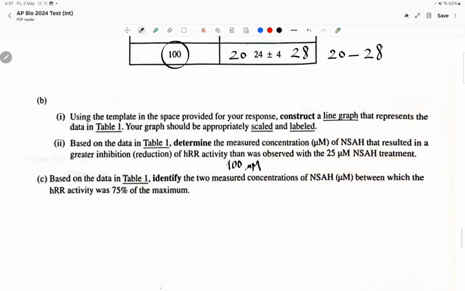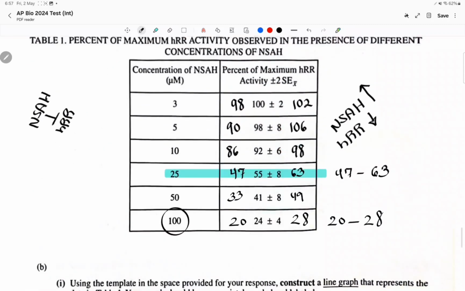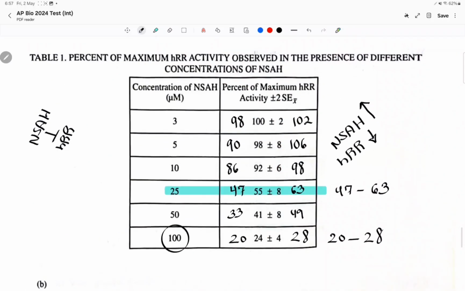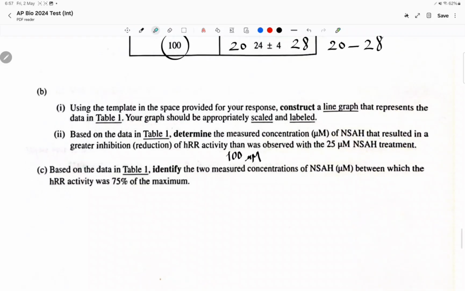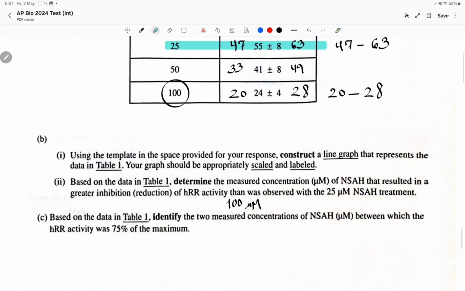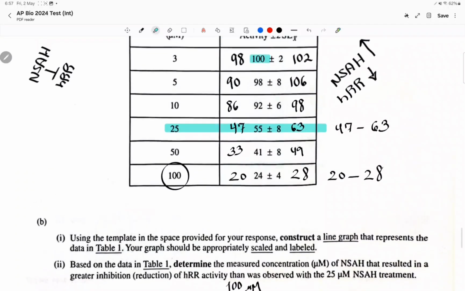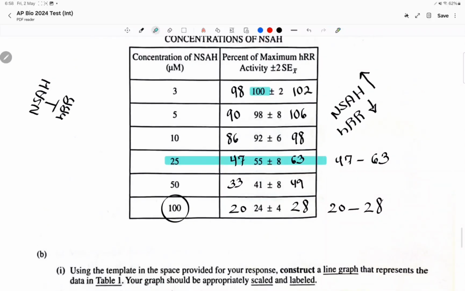Based on data in Table 1, identify the two measured concentrations of NSAH between which the HRR activity was 75% of the maximum. So look, the maximum HRR activity was 100%. What you want to do is choose 75% of that. So what are those concentrations?